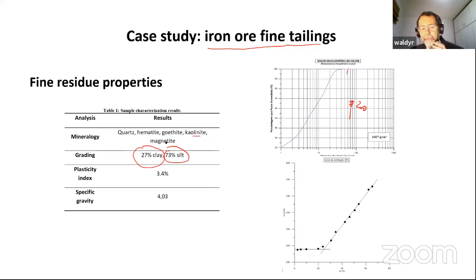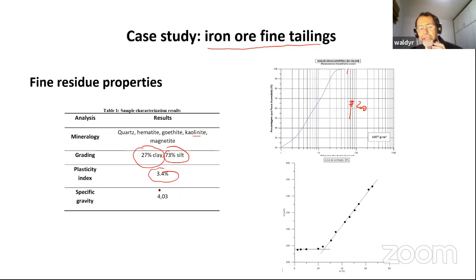So you see magnetite, goethite, hematite besides quartz. So that's why the plasticity of this material is very low. You are talking about something below 4%.